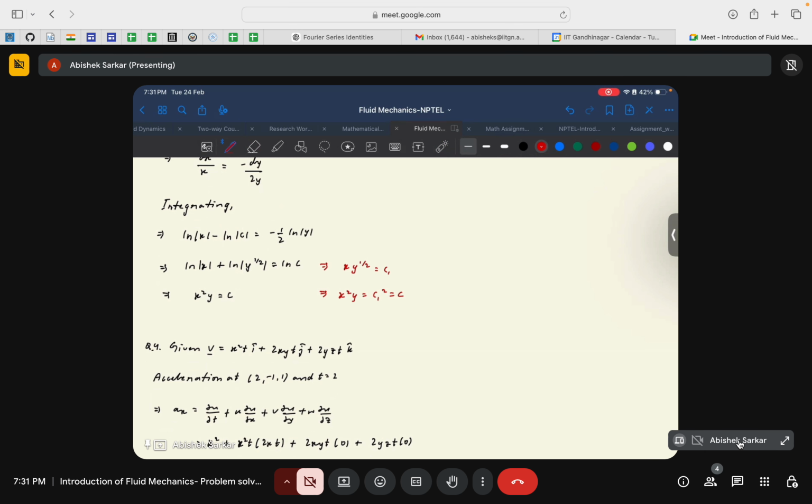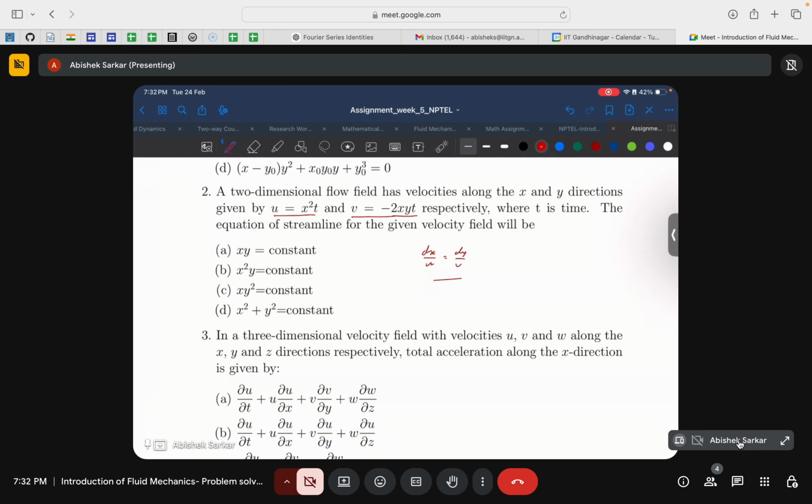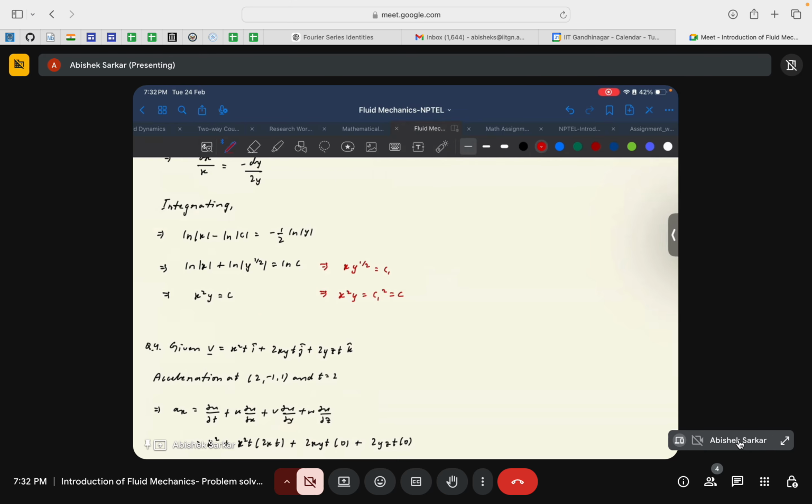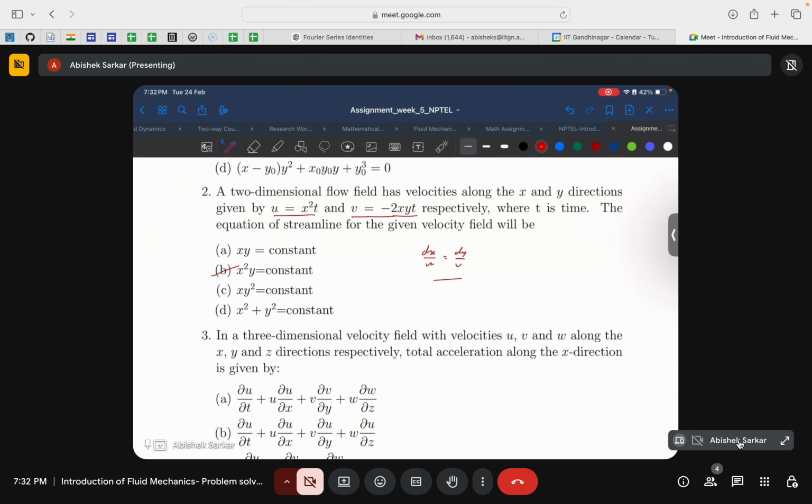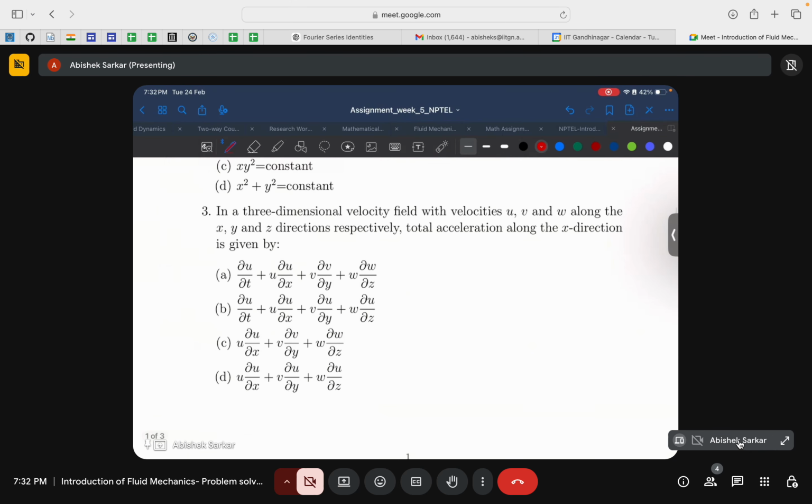Okay, again it gives a curve in the xy plane, so the correct option would be option number B, right? x square y is equal to some constant. Okay, so let us look into the next question. In a 3-dimensional velocity field, I hope it is clear till now. Just let me know.